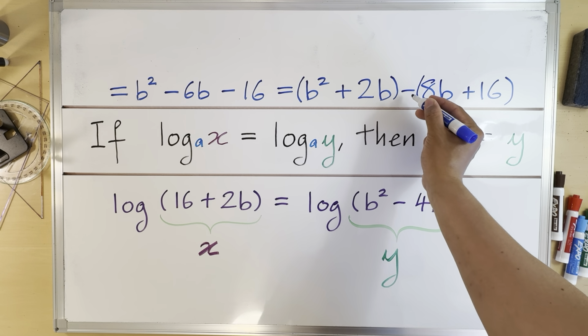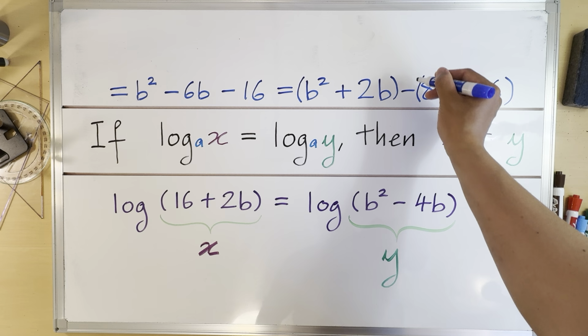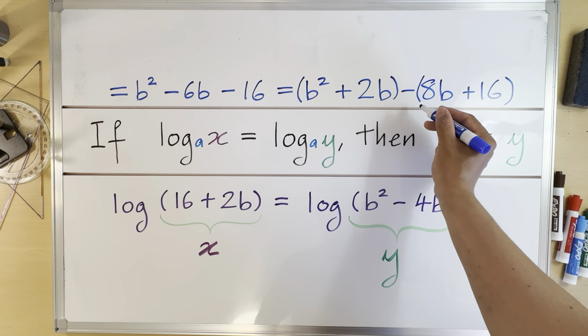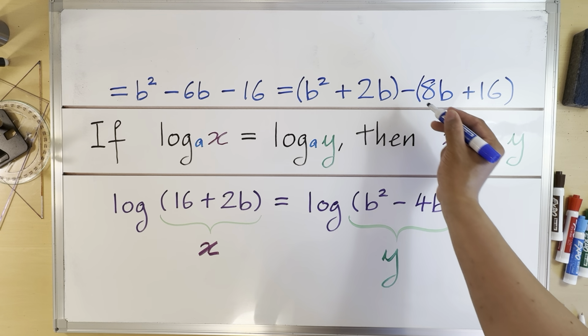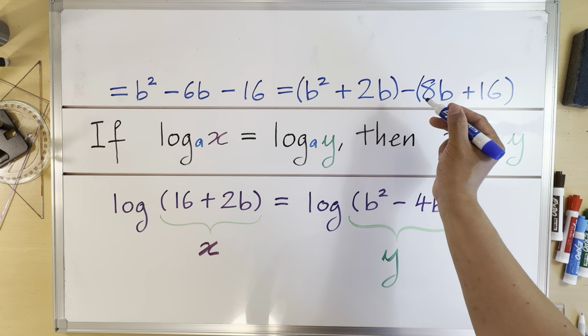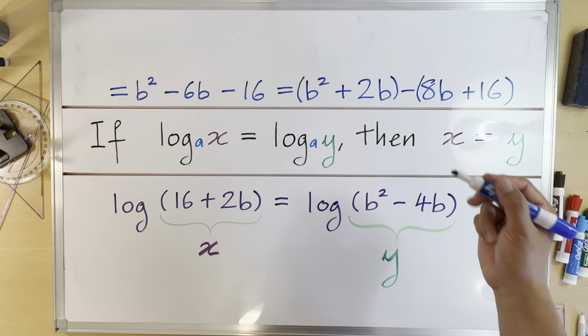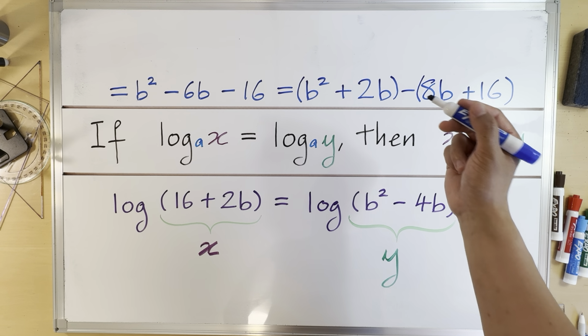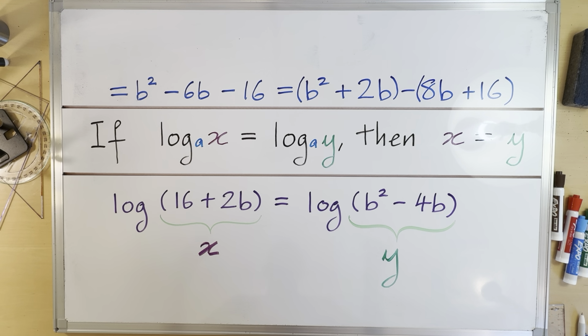Because just imagine as if there were a number 1 right here. Negative 1 multiplied by positive 8b gives us negative 8b. And negative 1 multiplied by positive 16 gives us negative 16.